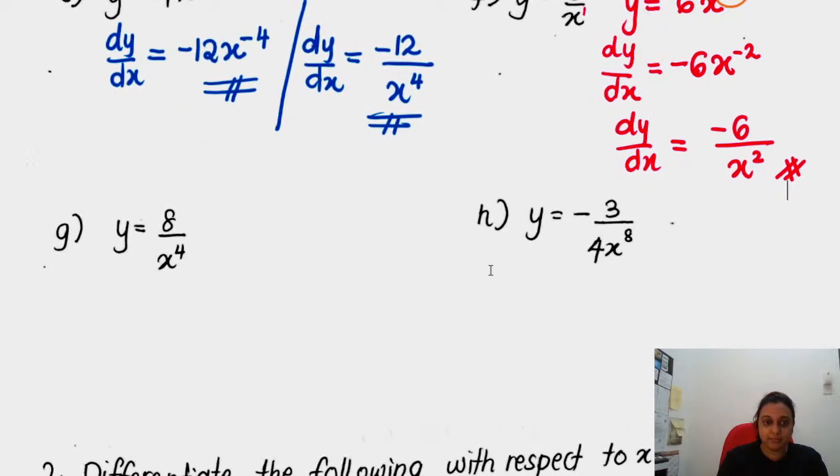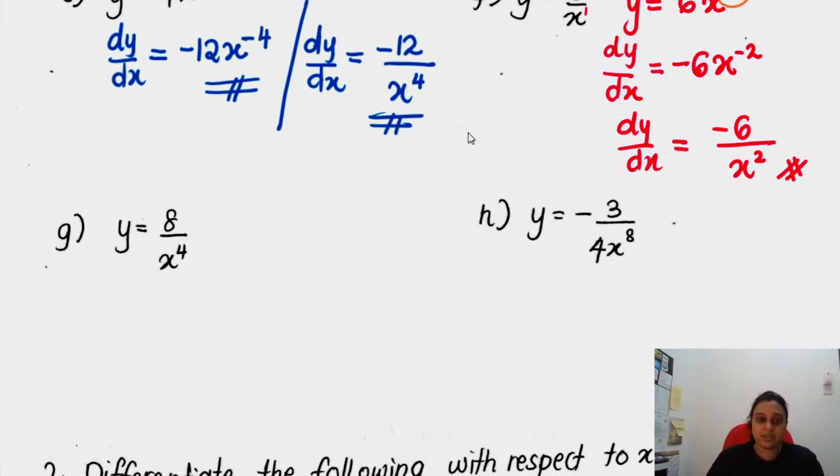The last 2 questions. First step, if you see the question has x at the bottom as the denominator, you bring it to the top. So you will get y equals 8x to the power of negative 4.